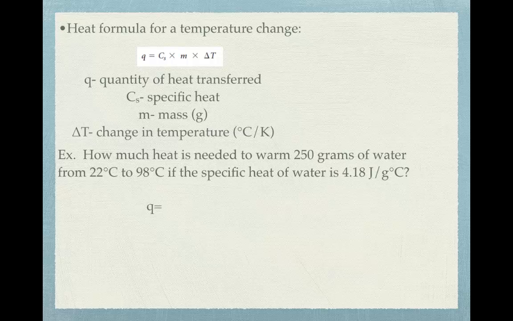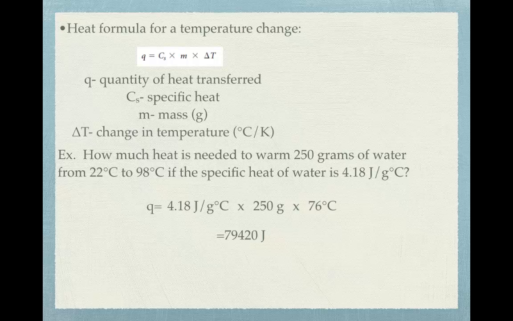So I know my specific heat of water is 4.18 joules per gram degree Celsius. I know that the mass is 250 grams, and I can calculate the change in temperature by subtracting 22 degrees Celsius from 98 degrees Celsius, because 98 is your final temperature and 22 is your initial temperature. So if you subtract Tf minus Ti, you get 76 degrees Celsius.